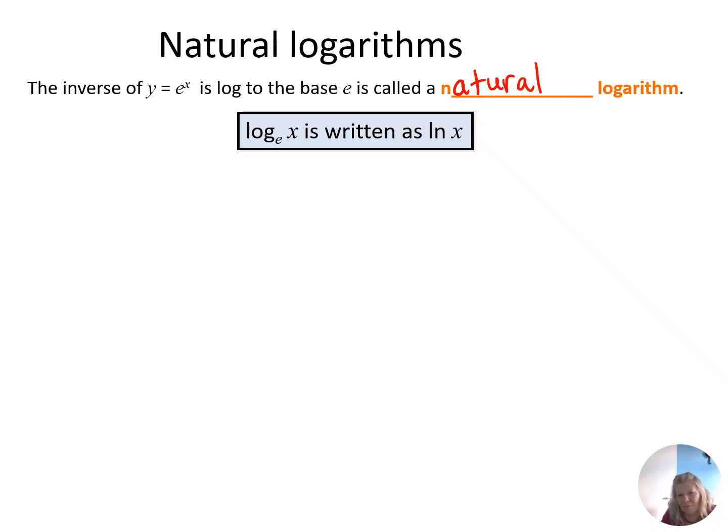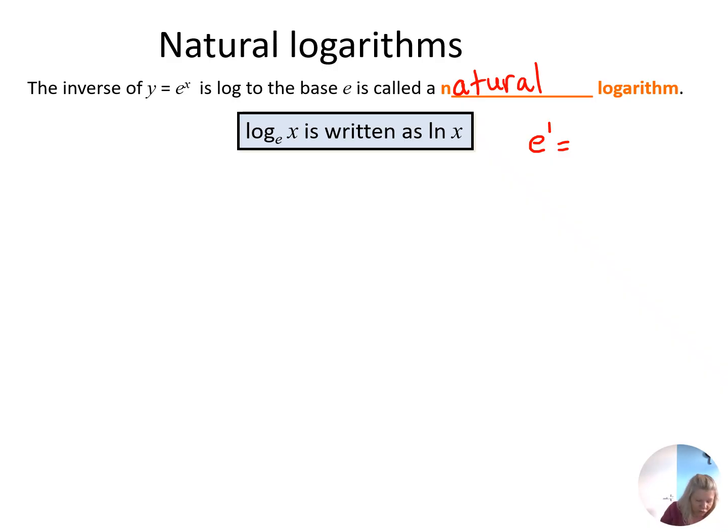If you remember, e is just a number. On your calculator, you can find it by pressing the E button, which is under tools, and putting a 1 afterwards for its power, and that should come up for you.